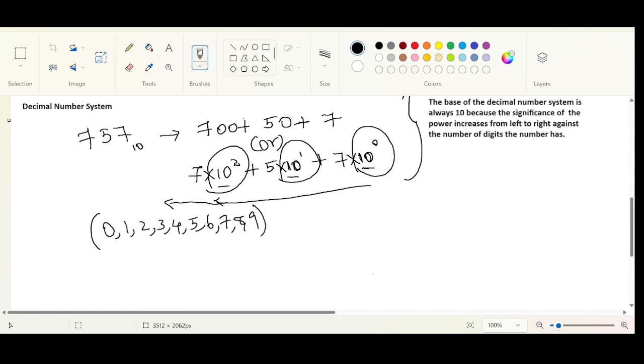Right? So this 557, I can prove that this is a decimal number system with this simple calculation. The calculation is, take the rightmost digit. I mean, it should be right to left.